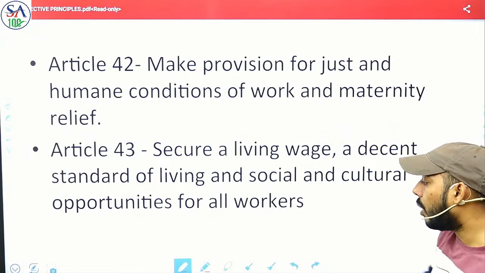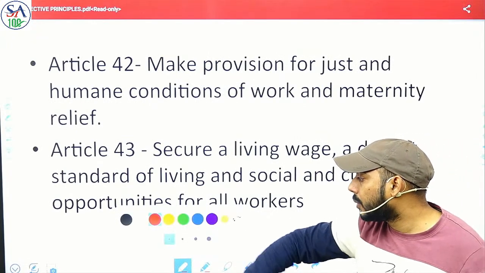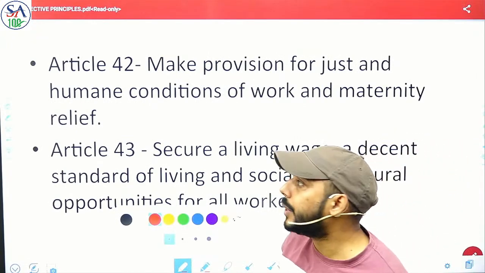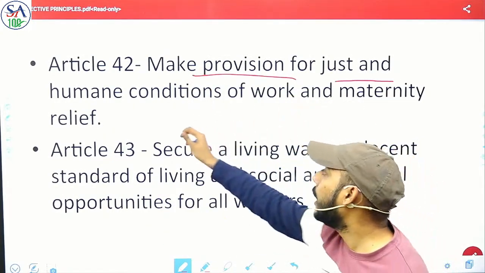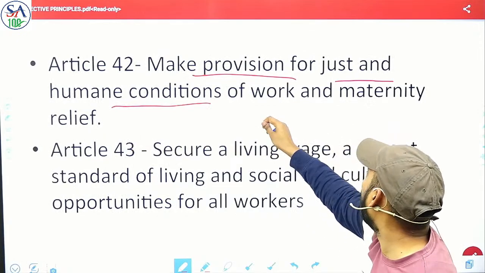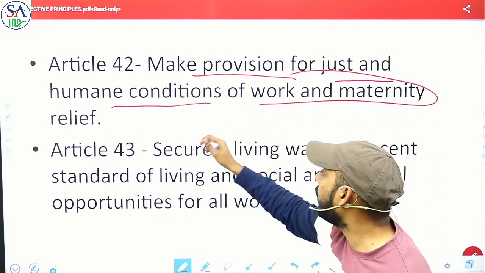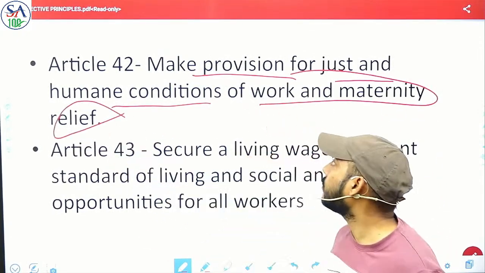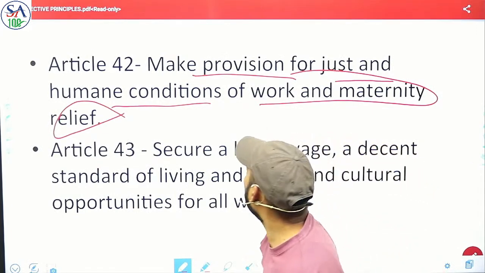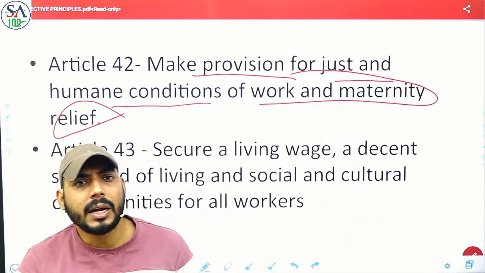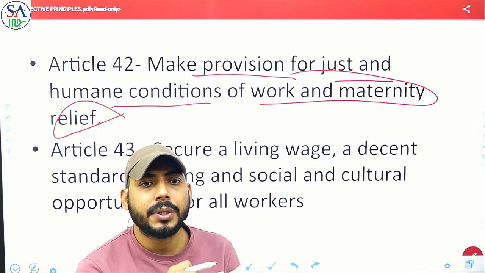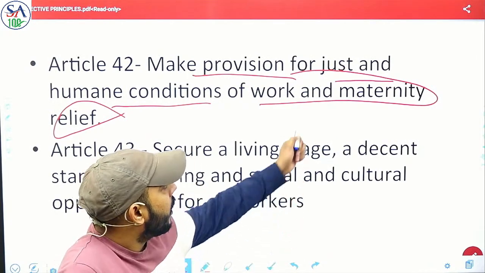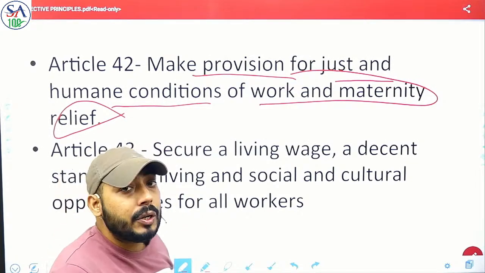Article 42 of DPSP. What does Article 42 say? Make provision for just and humane conditions of work and maternity relief. We see that workers sometimes are harassed due to unjust and inhuman conditions.